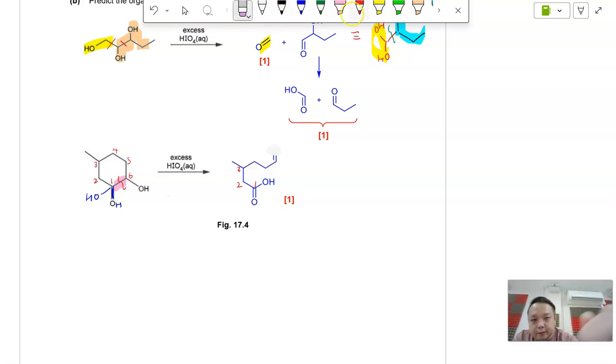Then 4, 5, and carbon number 6, because of the OH with an R group, it will become an aldehyde. It becomes a double bond O. And that's how I get the structure of this compound.